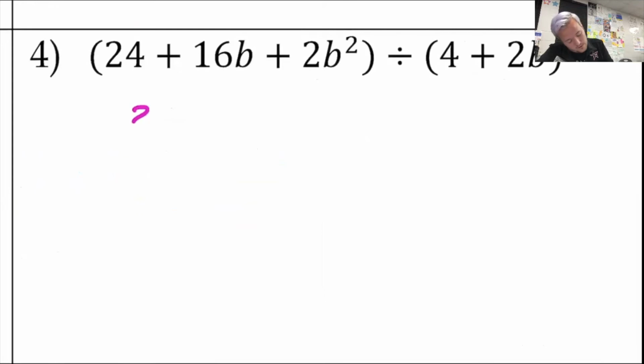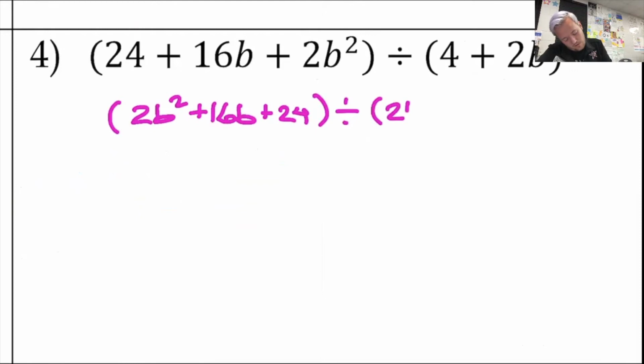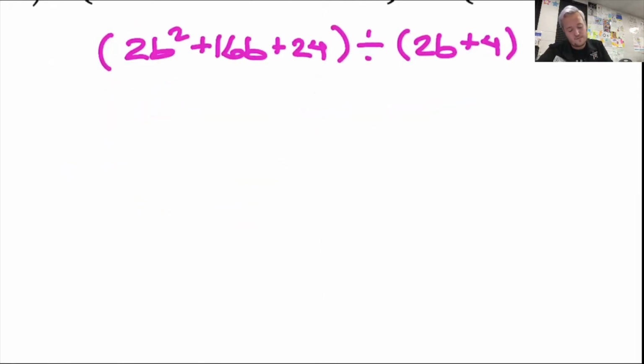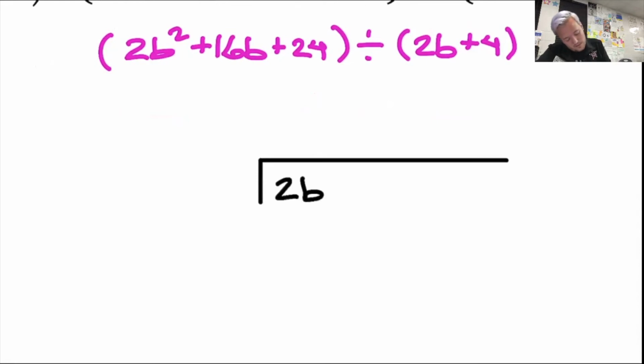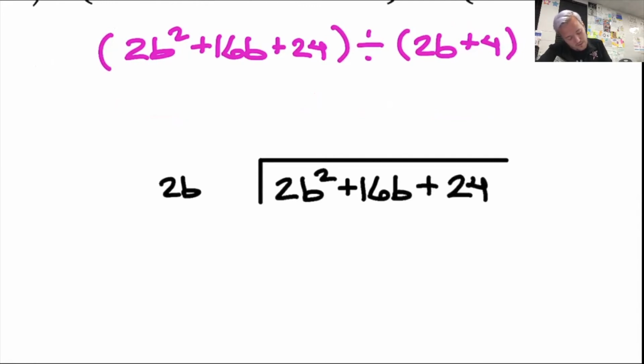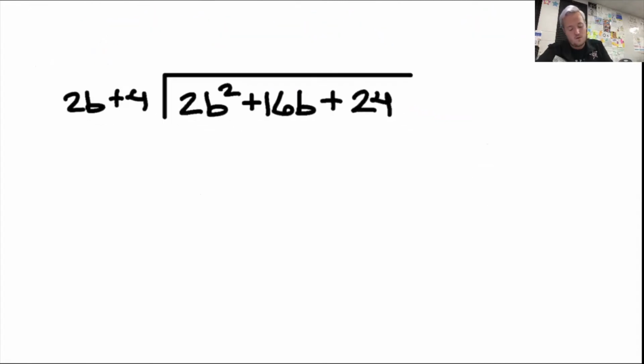So we're going to have 2b squared plus 16b plus 24, and that's divided by 2b plus 4.